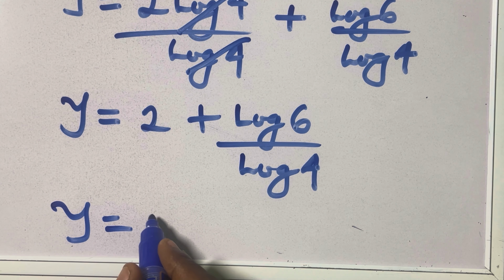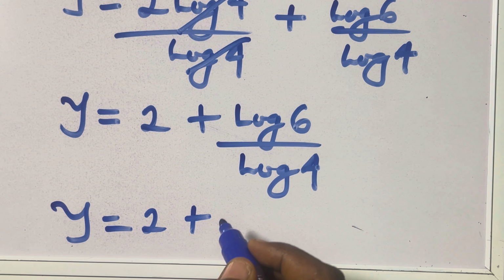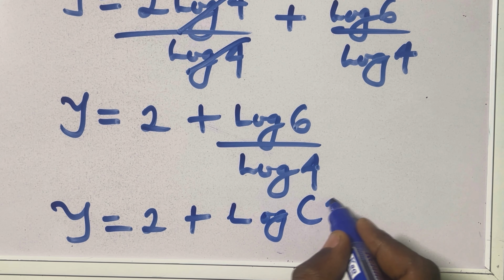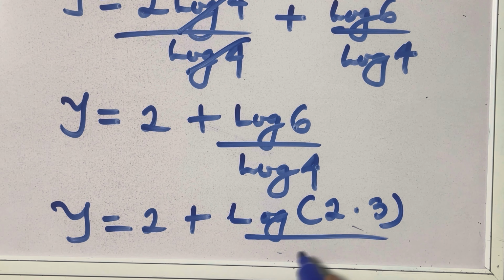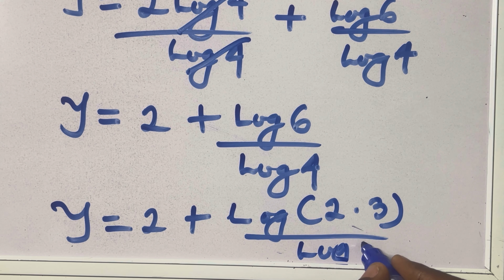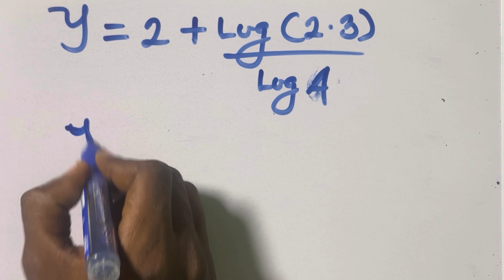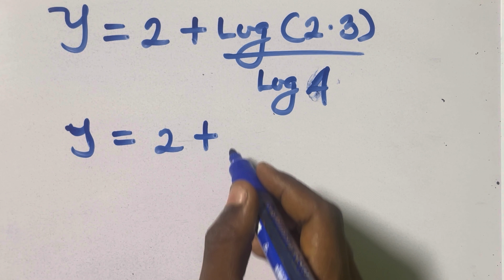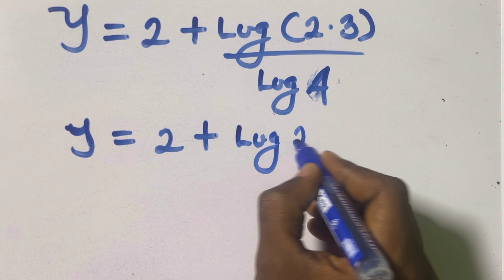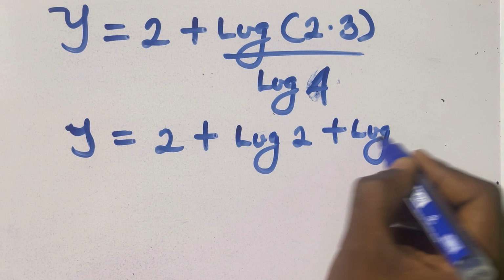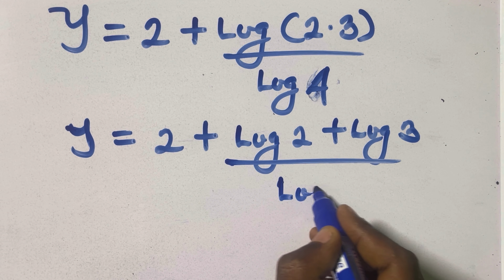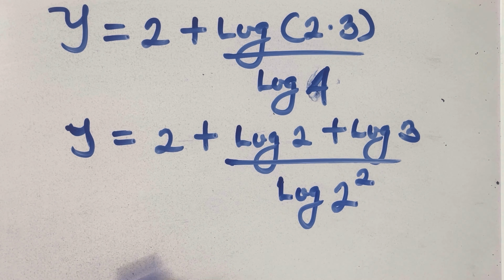Therefore our y will be equals 2 plus, let's do something interesting here by breaking 6 down into 2 times 3, divided by log 2 raised to power 2. So here we have y equals 2 plus, if you apply the property of logarithm here, log 2 plus log 3, divided by, also here we can express this as 2 raised to power 2.